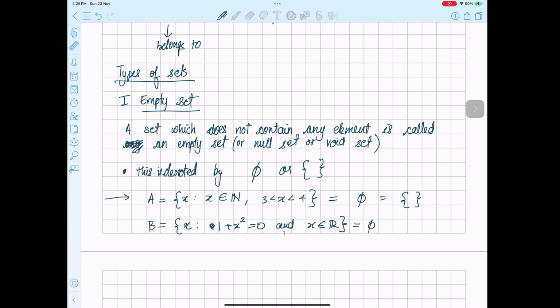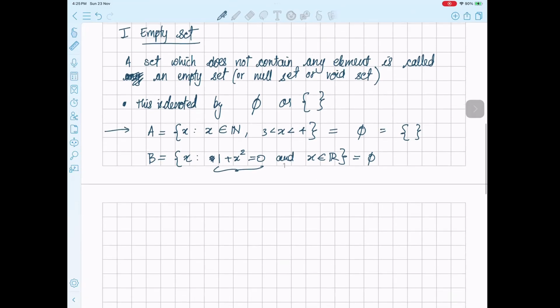Why? Because you can't possibly have a positive number that exactly cancels out one in a way that gives you zero. The only way one can be canceled out to give you zero is if you have a minus one added to it. But there's no way a square of a number, which is always positive, will give a number that adds to zero, right? And that is why this is also a null set or a void set or an empty set. Then you have what is known as the singleton set.